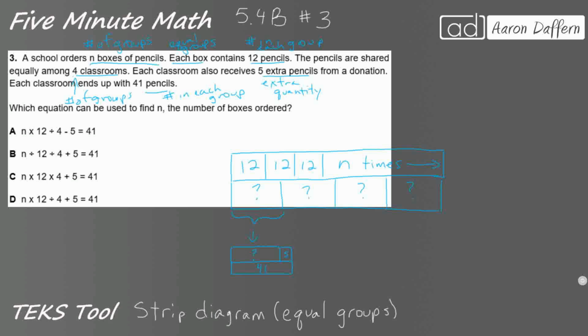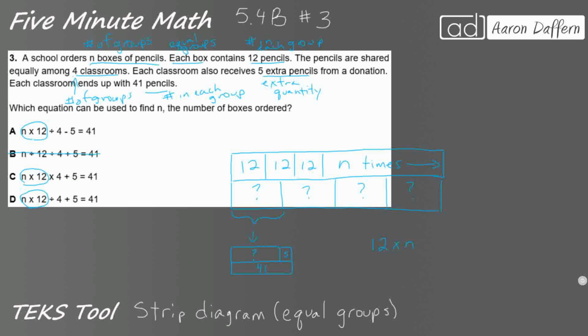So what did we do? Well, we had to figure out that we had sets of 12, and I've got n sets of 12. So I'm going to multiply 12 times n. Okay, so I'm looking at C, looking at A, I'm looking at D, but I'm not dividing n by 12. So I'm going to mark out B. Then what did we do?